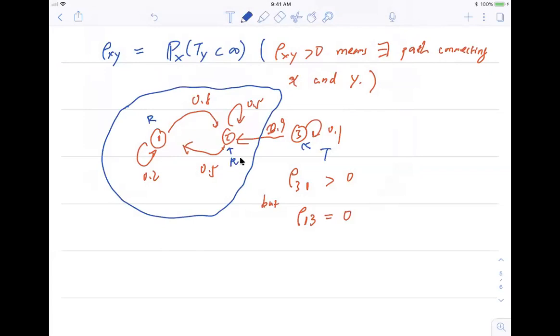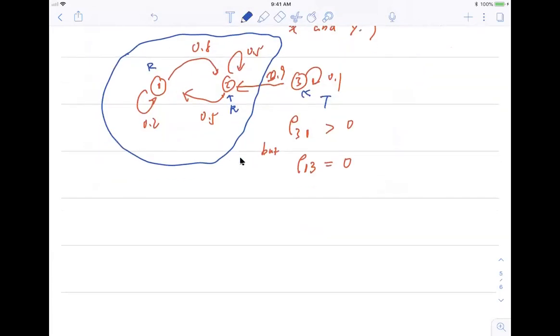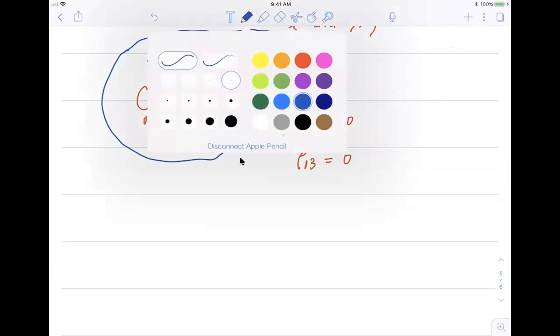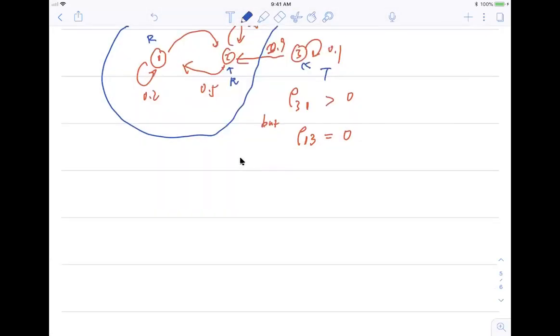So let's define what is recurrent. We saw this before when we studied a little bit about random walk.